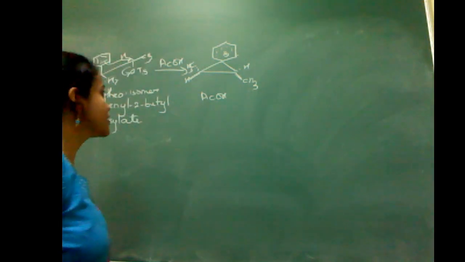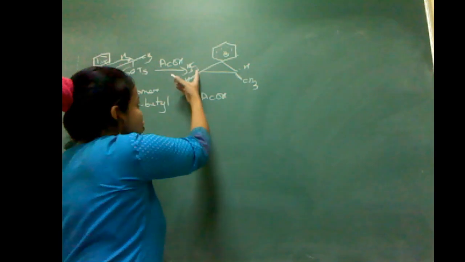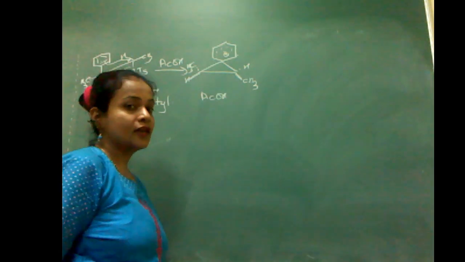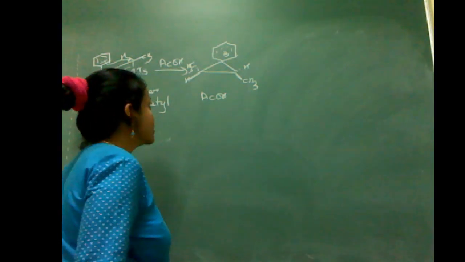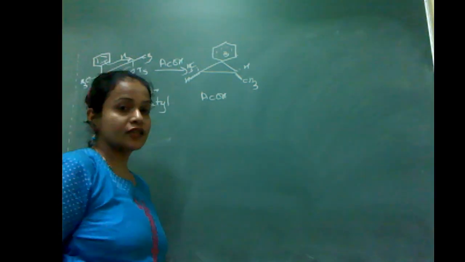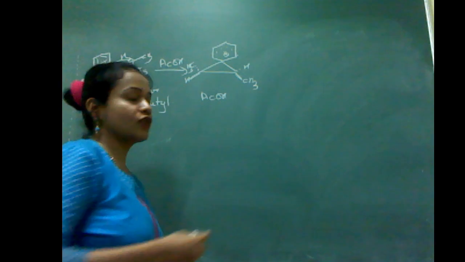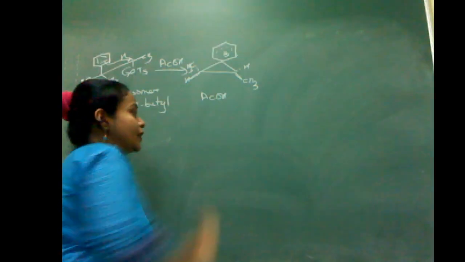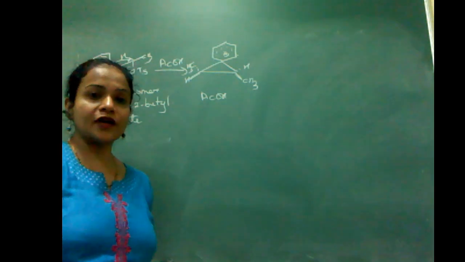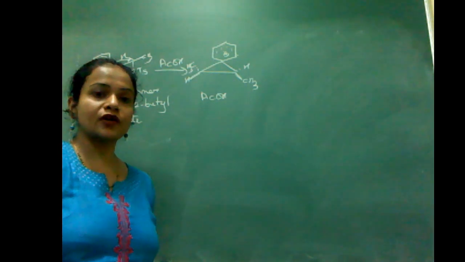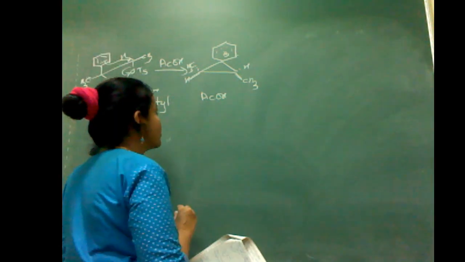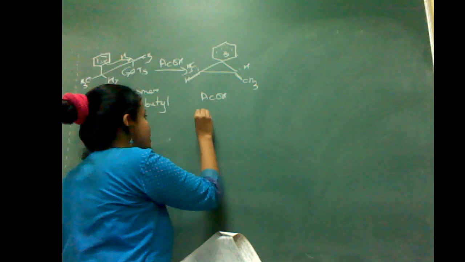What you can see in this particular case is that the stereochemistry of the methyl group here is alpha, whereas at this carbon it is beta, and the hydrogen here is beta and the hydrogen here is alpha. So even when you try to put the mirror plane, there is no symmetry observed in this particular intermediate. So the intermediate is unsymmetric.